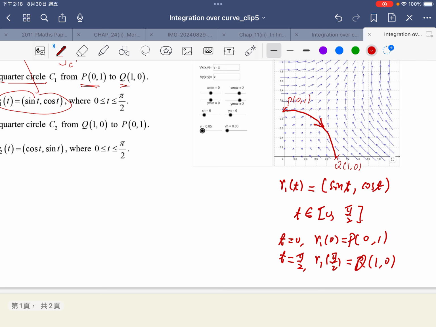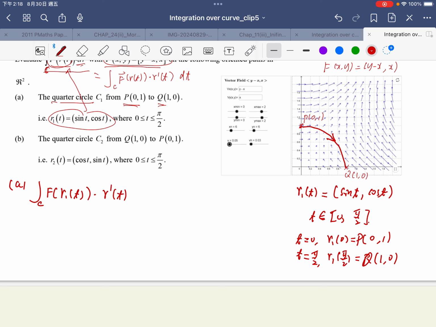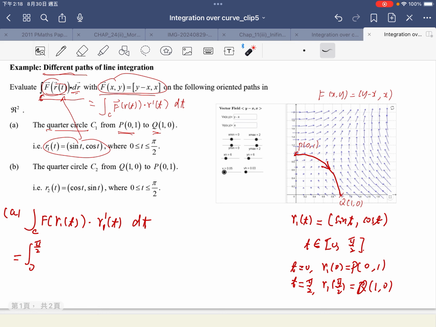Therefore, we calculate that the line integral over the vector field, part A, over C, the interval is from 0 to pi over 2. The function can be put at this point into this function.